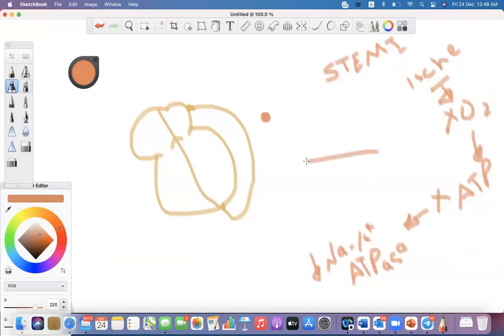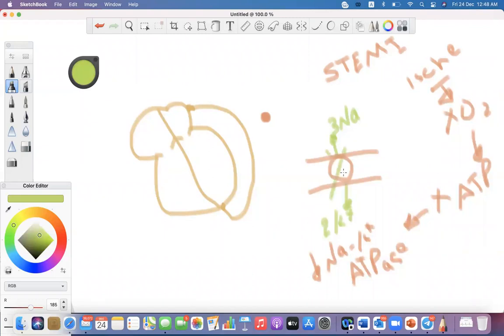And as you know, this pump's function is to move 3 sodium out of the cell and 2 potassium in to help the cell reach its resting membrane potential.